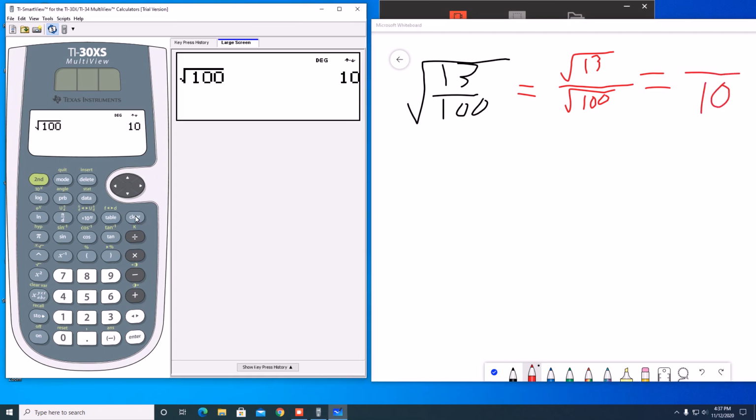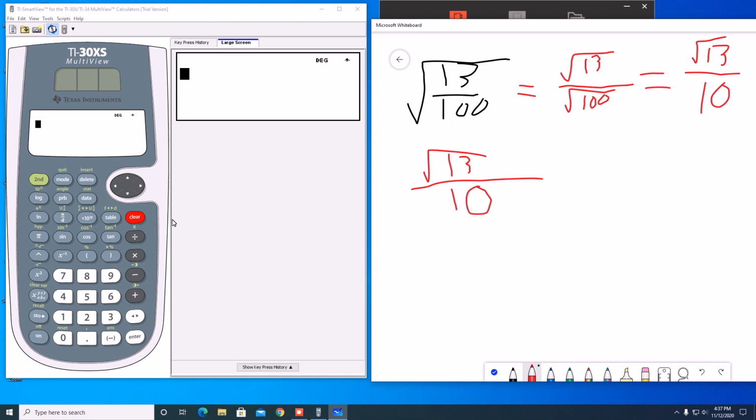But what happens when I put the square root of 13 in here? So there isn't a square root of 13. It doesn't exist because it is not a perfect square. So really we get the square root of 13 divided by 10. But let's say they wanted this as a decimal. So I would go back, do my square root of 13, and I said that 10 was the square root of 100.